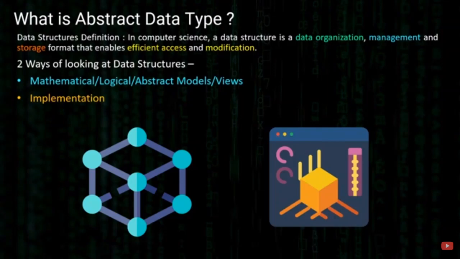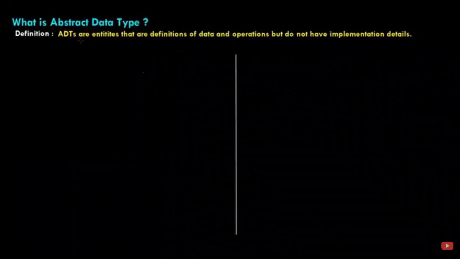The other way we look into data structures is implementation, that is, how the data is implemented. We may have some view or idea of how to implement it, and how the data are implemented is mentioned in the abstract data type.